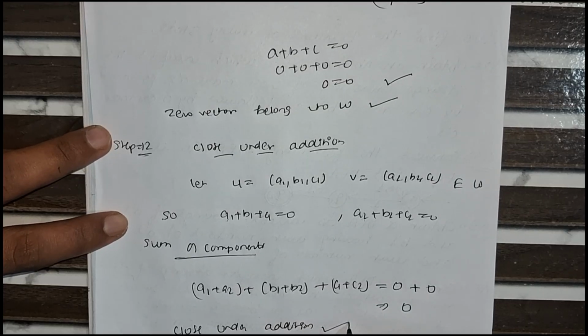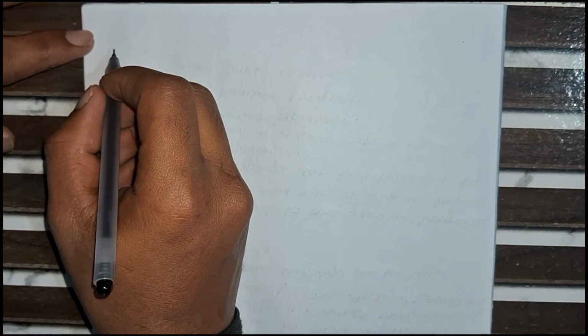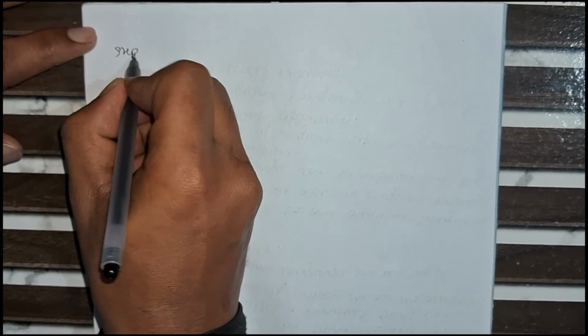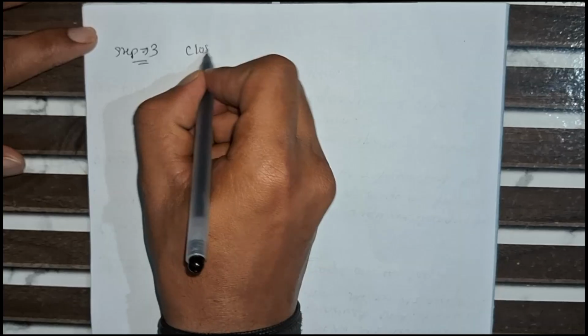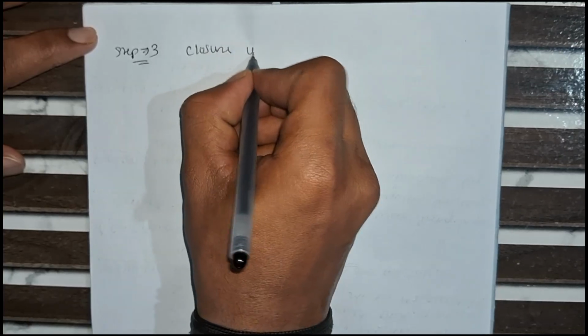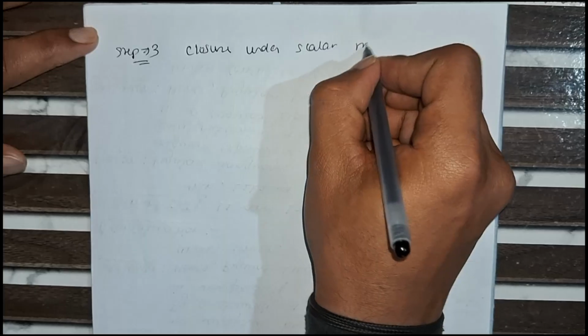Now move to our third condition, which is closed under scalar multiplication. So in step 3, our third condition is closure under scalar multiplication.